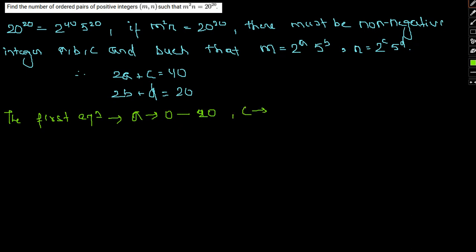For a equal to 0, c will be 40, a equal to 1, c will be 37, something like that. So a's value will range from 0 to 20, and subsequently for every value of a, we'll also have a subsequent value of c as well. So with that said, there are total 21 solutions.